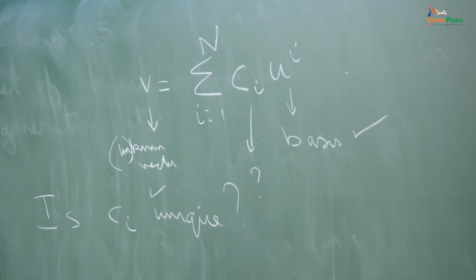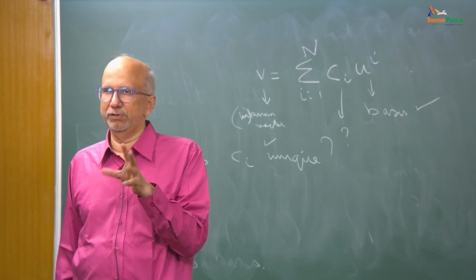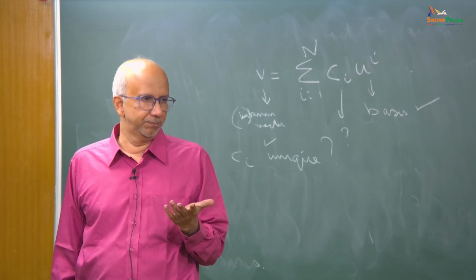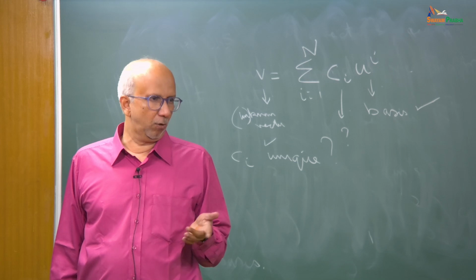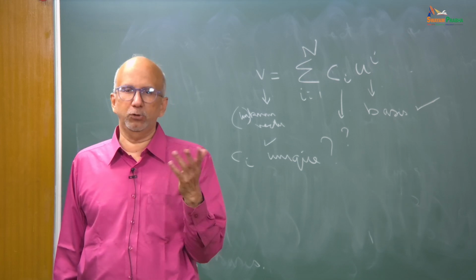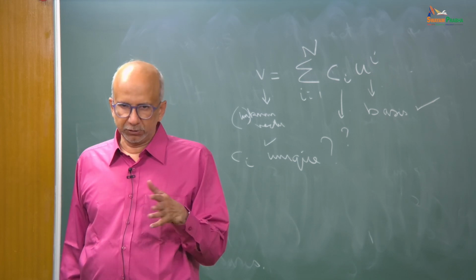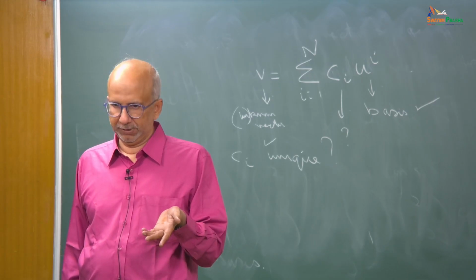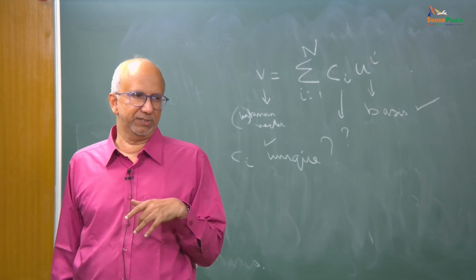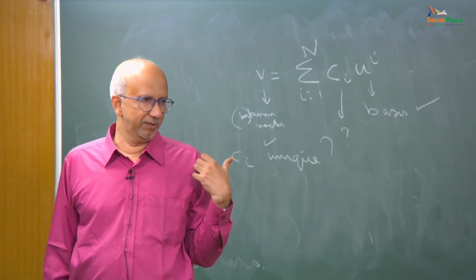I think the proof is very simple, just two lines, you will prove by contradiction. So, assume it is not unique. If it is not unique, what does it mean? There is another set of coefficients Bi which can satisfy this.